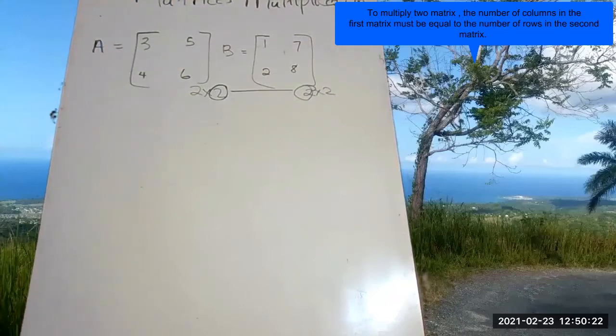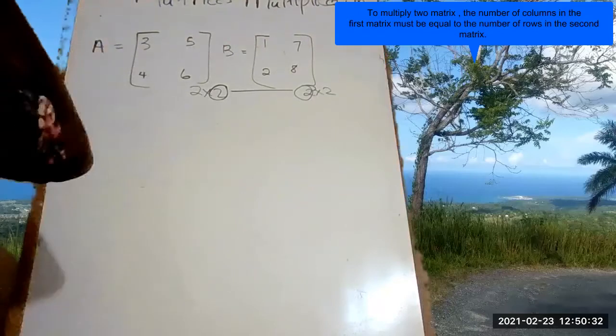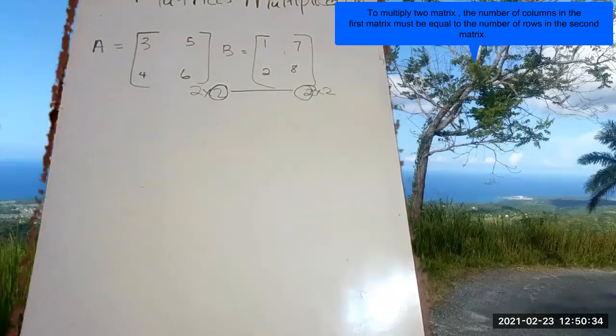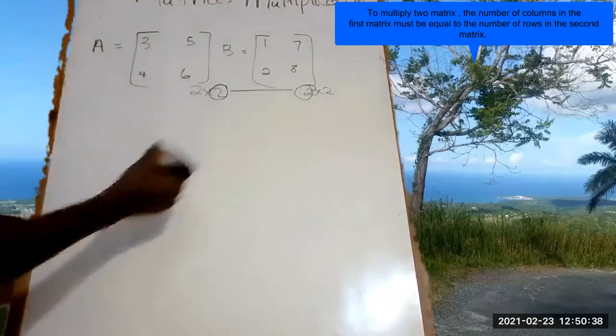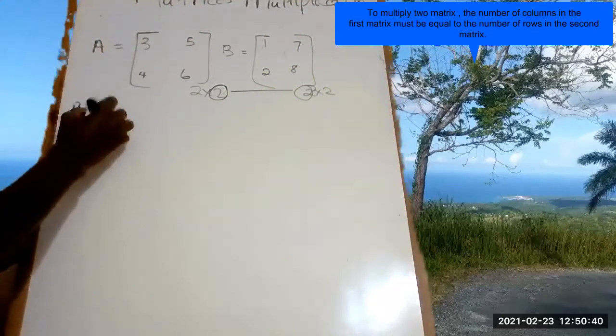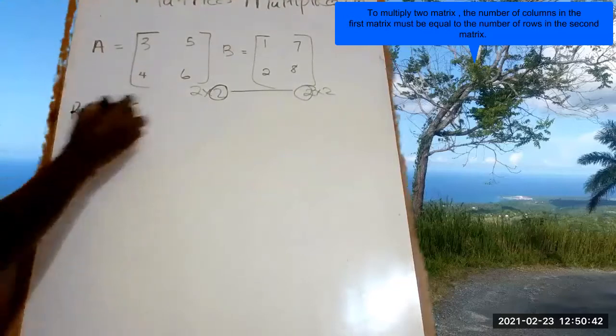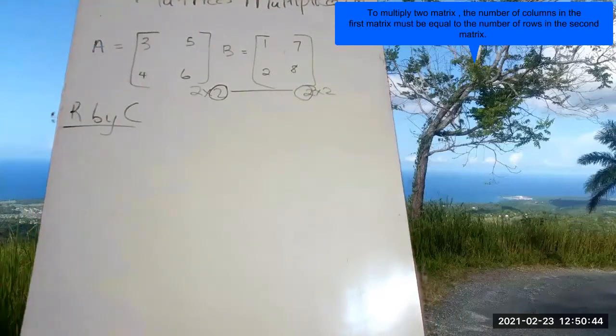I will look at another example later where they are not of the same order, to see whether they can or cannot be multiplied. So we are going to go ahead and multiply these 2 matrices. Now, the rule for multiplying matrices is row by column.